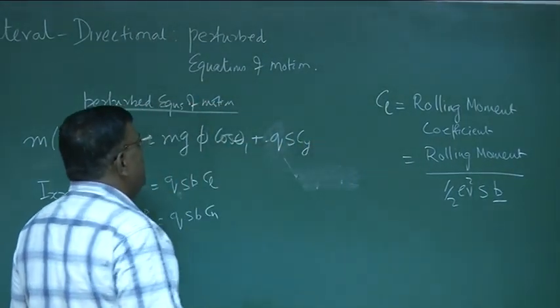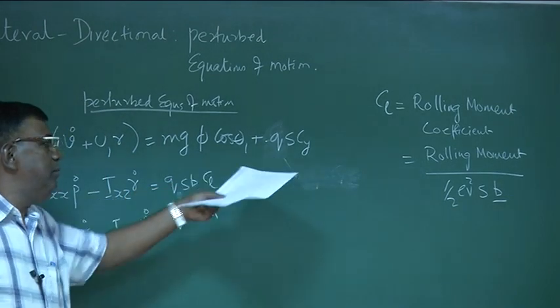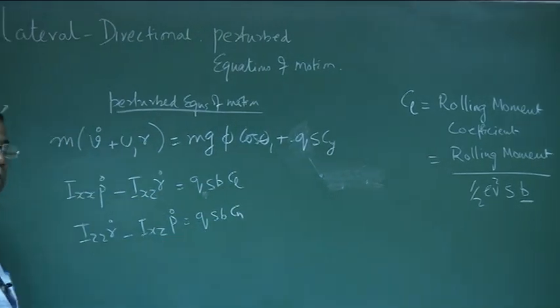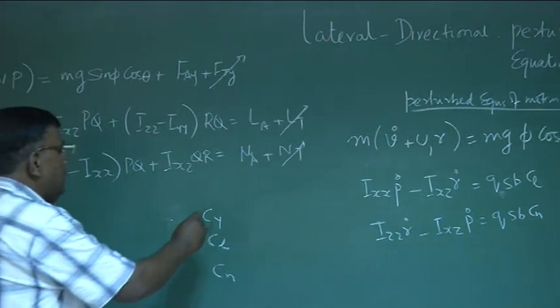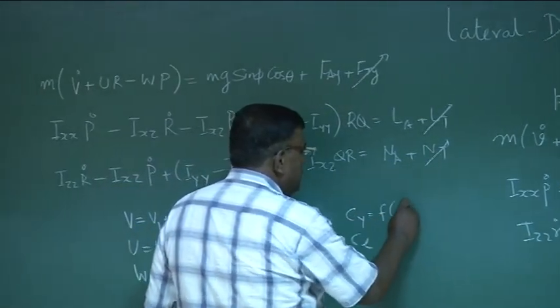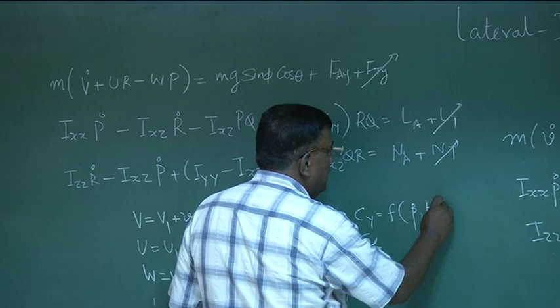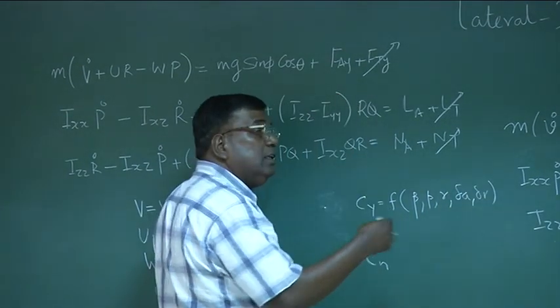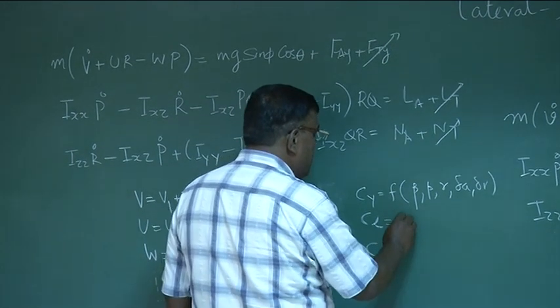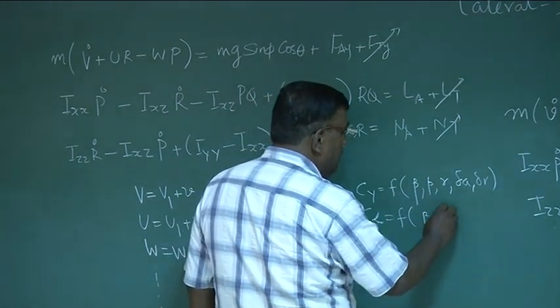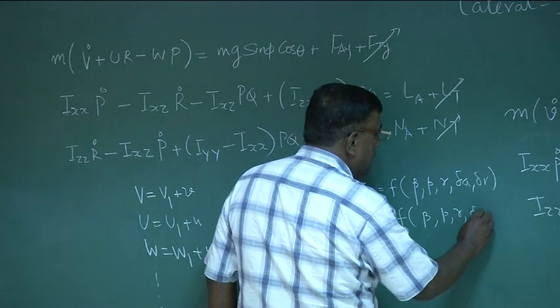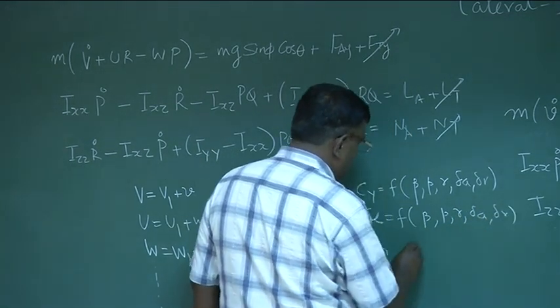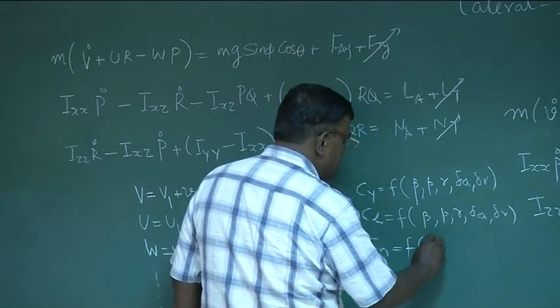As long as you understand these are perturbed forces, rolling moment and yawing moment, I have no problem. So Cy will be a function of beta, P, R, delta A and delta R. There are other functionalities for a complicated airplane, but for a normal airplane, I can write it like this, and I'll explain how this assumption is okay.